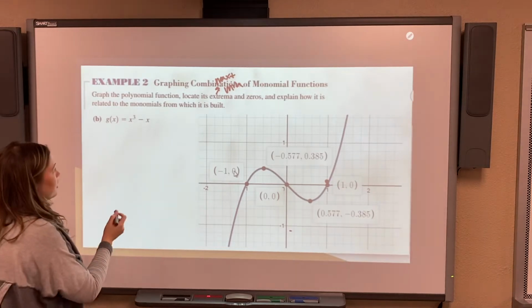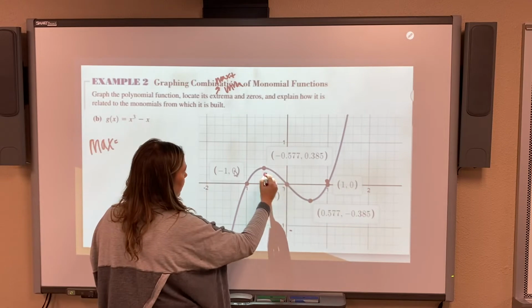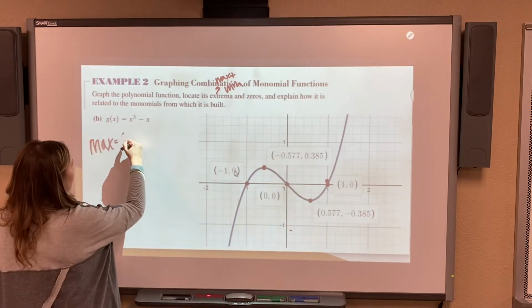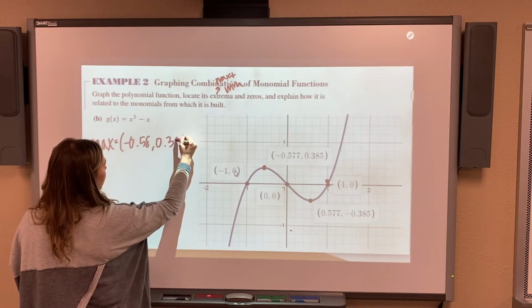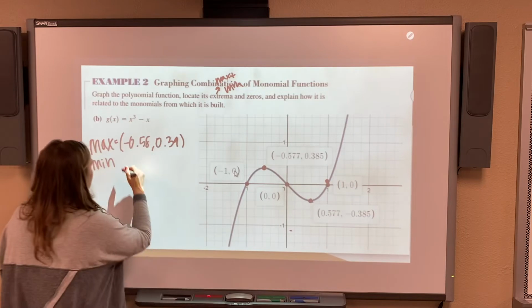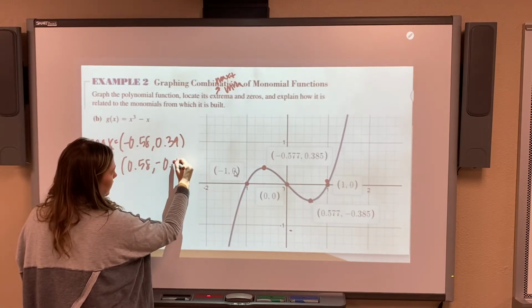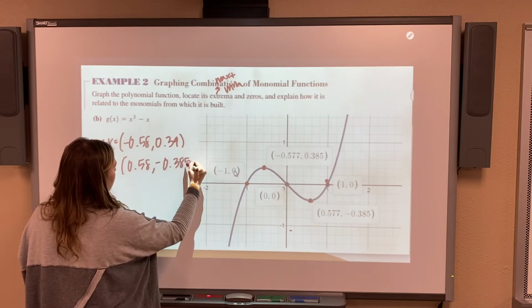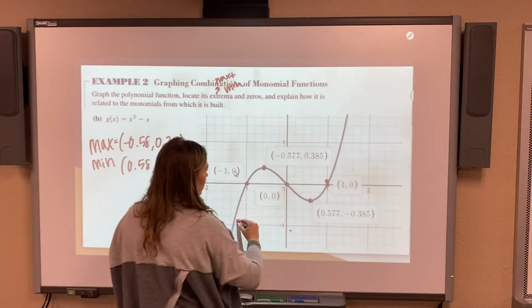And so if we find our extrema, we have max. Our maximum is right here, and so that is negative 0.58 and 0.39. Our min is 0.58 and negative 0.385 or 0.39. Okay, so if you look, these are reflections about the origin, and that is your y equals x.